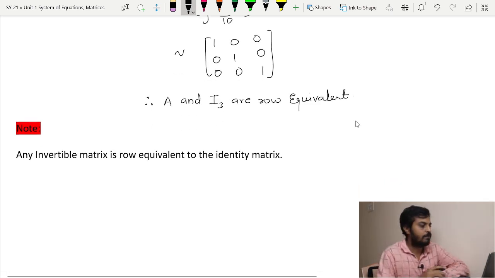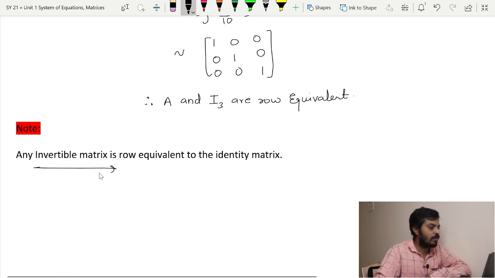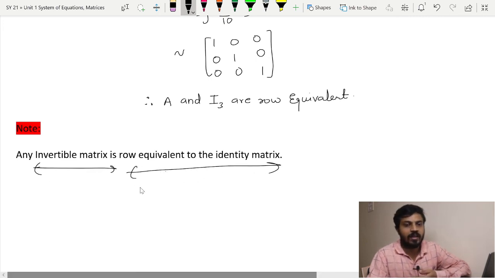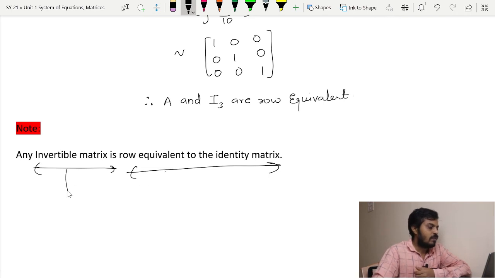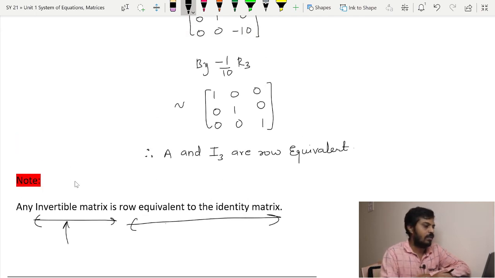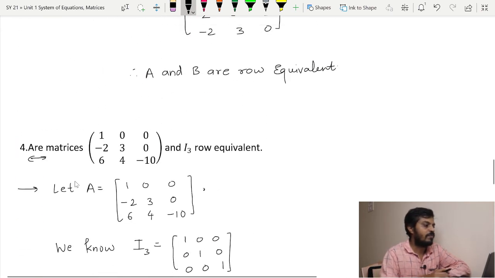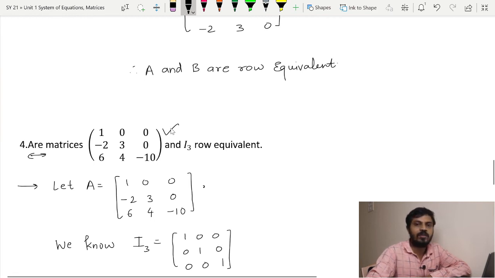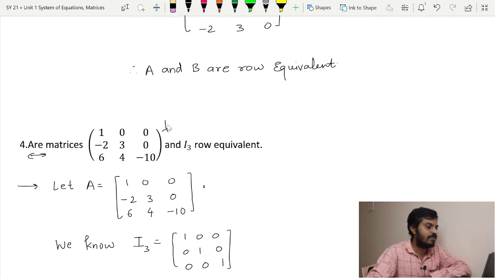Now take a note that any invertible matrix is row equivalent to the identity matrix. What do you mean by invertible matrix? Those matrices whose determinant is non-zero, we say that matrices are invertible. For example, if you observe this matrix over here, you find the determinant of this matrix and you will see that the determinant of this matrix is non-zero.